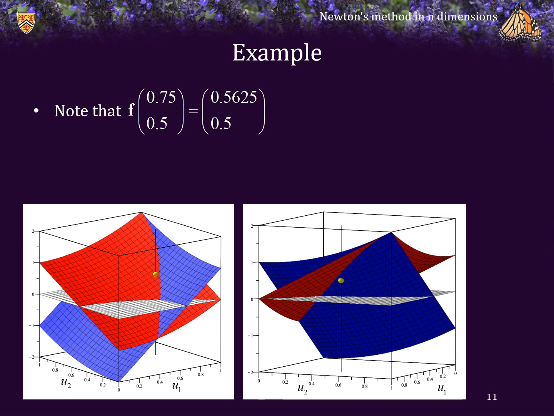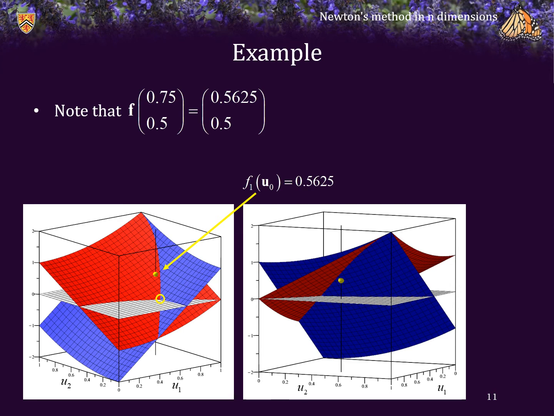Note that if we evaluate this function f at the vector 0.75, 0.5, we get this result. That is, the first function evaluated at this vector u0 is 0.5625. That's sort of close to the simultaneous root.